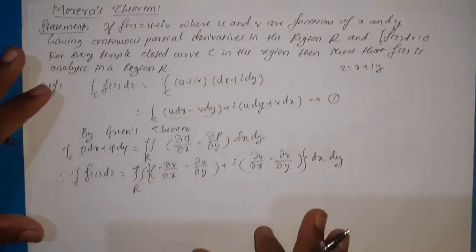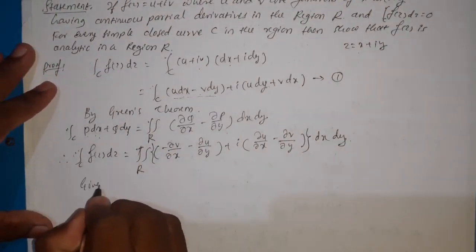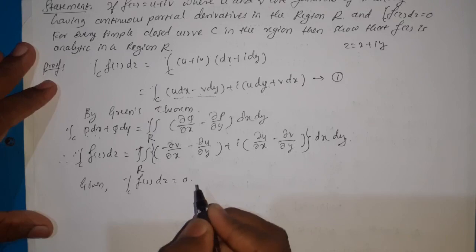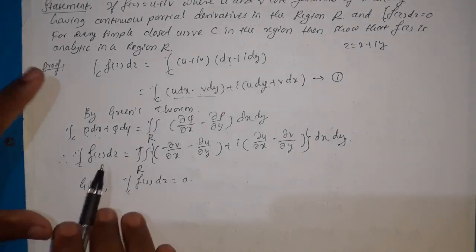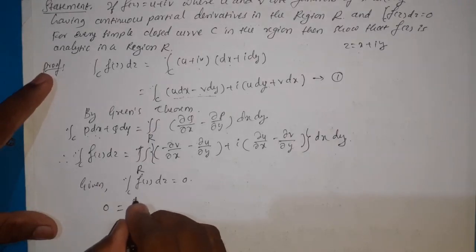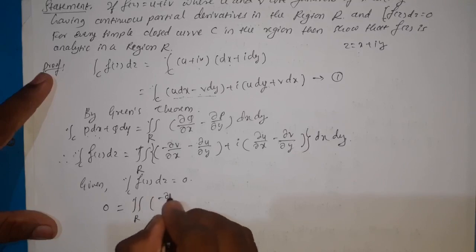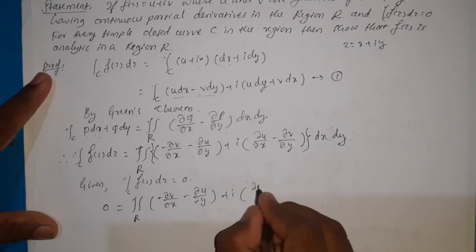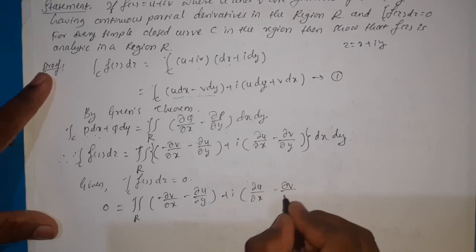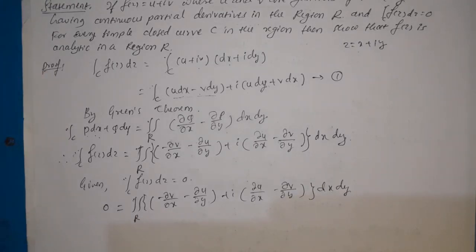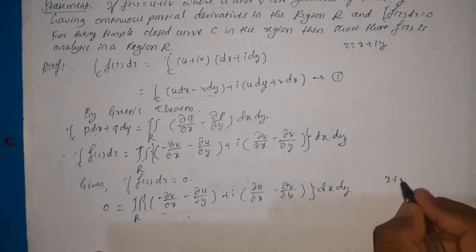So now given that integration over C f of z dz equal to 0, the LHS is equal to 0, that is equal to double integration over R of minus dou v by dou x minus dou u by dou y plus i into dou u by dou x minus dou v by dou y into dx dy. So here it is a complex number of the form x plus iy.